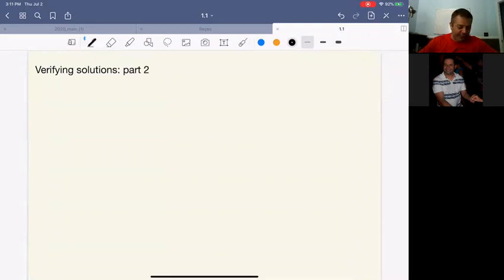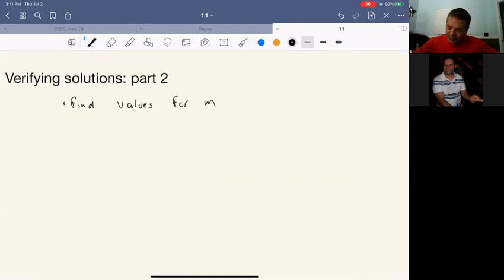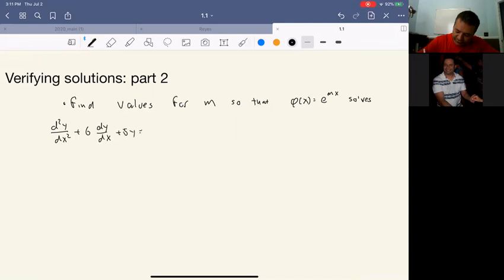So let's take an equation of this sort. We're going to find values for m so that phi of x equals e to the mx solves d2y dx squared plus 6 dy dx plus 5y equals 0.